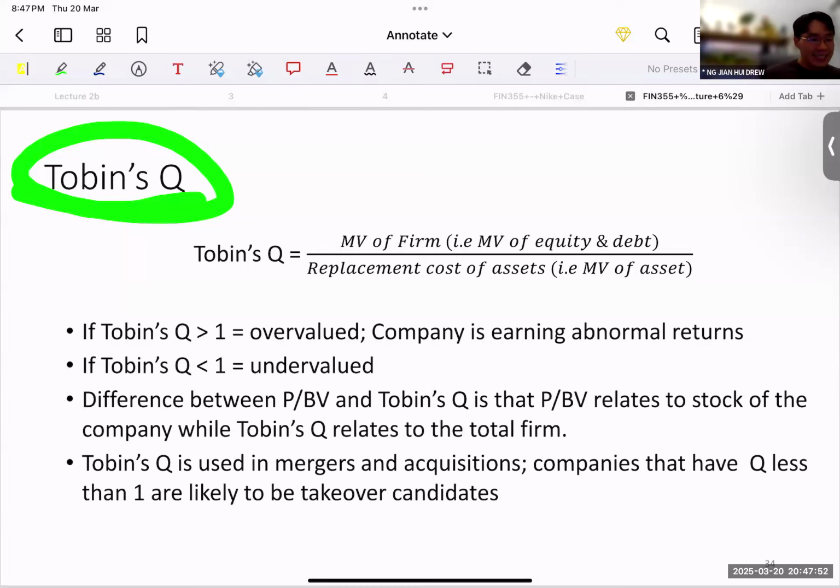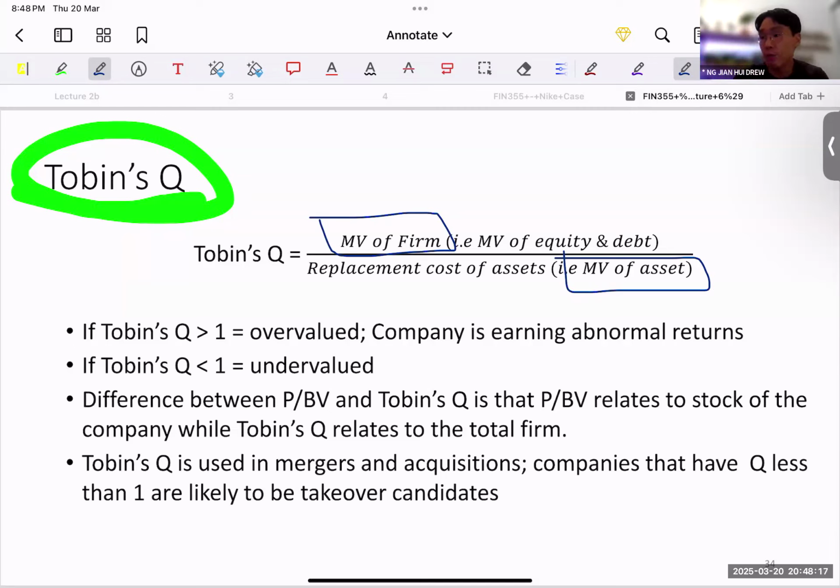Okay. So in this sense, Tobin Q is the market value of the firm, right? Divided by the market value of your assets. Market value of assets can be considered the replacement cost of assets. So both ways are quite similar, but it depends on how we determine market value, right? Market value can be determined by the cost of replacement, or it can be determined by how much is being sold in the market now, right?